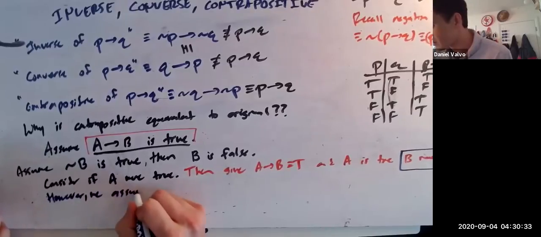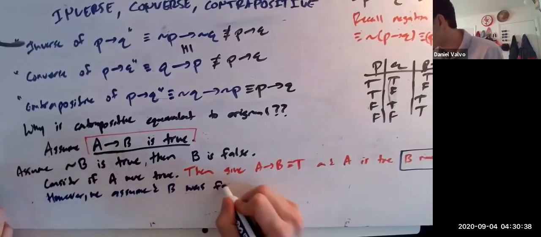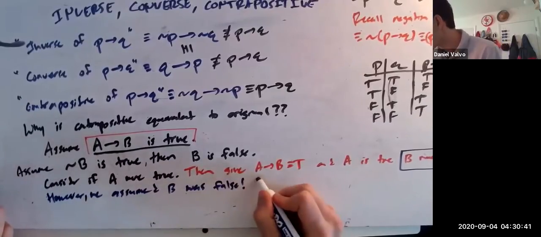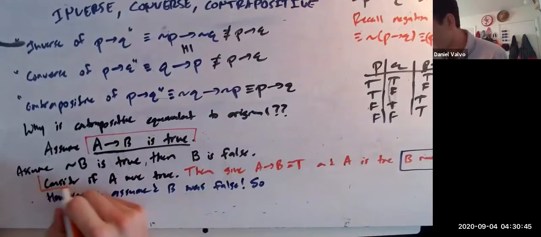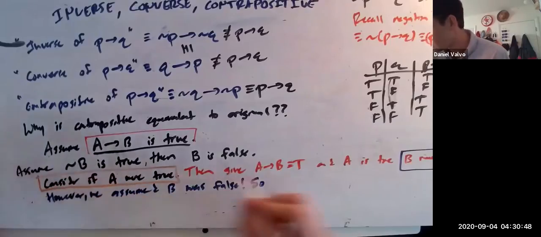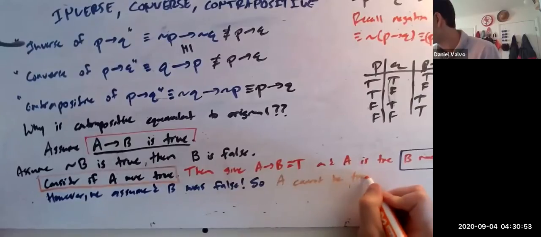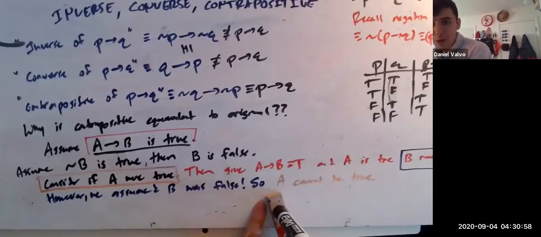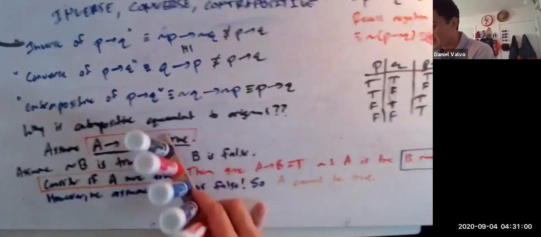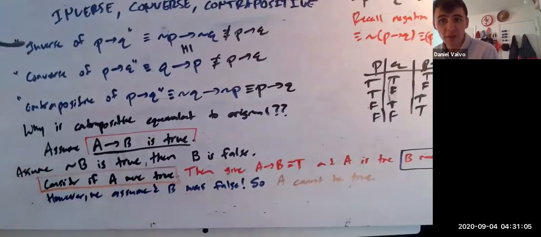So A cannot be true. If A were true, that would mean B is true based on this, but B is false. So we can't even have A be true. That just can't happen. It leads to a contradiction, right? B can't be true and false at the same time.